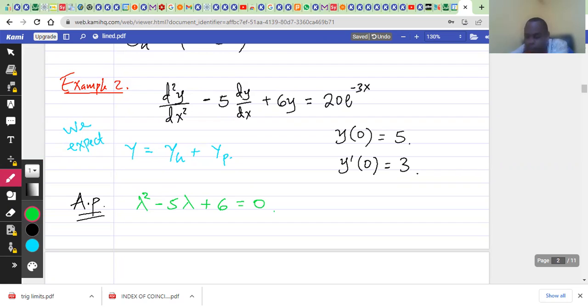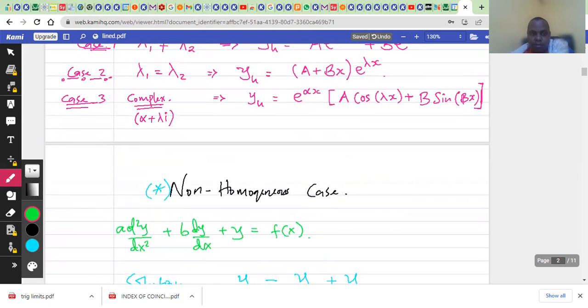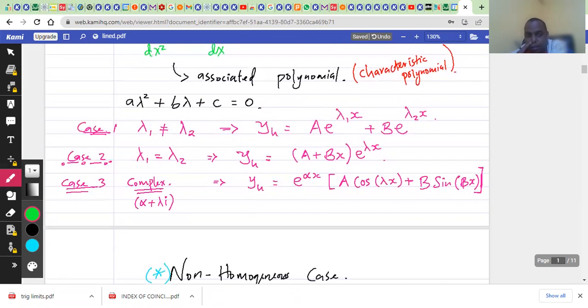I believe this can be factored into lambda minus 2 multiplied by lambda minus 3, equals 0. Meaning that lambda 1 equals 2 and lambda 2 is 3. I believe this is the first case for homogeneous solutions.